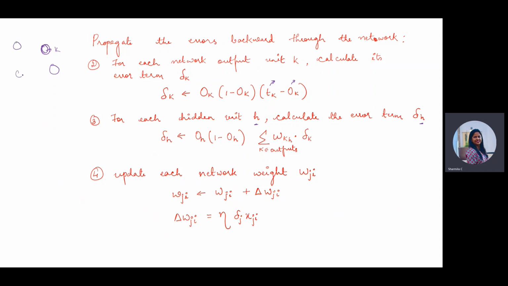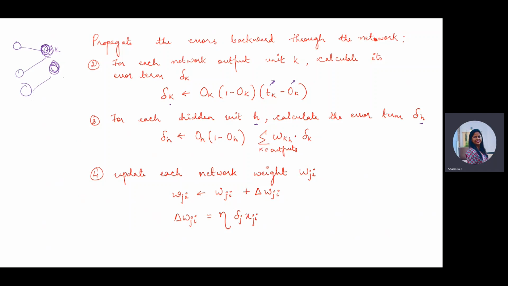Now when we are calculating the error term at the hidden layer, we also use the output nodes, or the neurons at the output layer. So delta h equals O_h into (1 minus O_h) into the summation over k belonging to outputs, that is all the units or neurons belonging to the outputs, of W_kh, whatever weights are present between these two, into delta k.